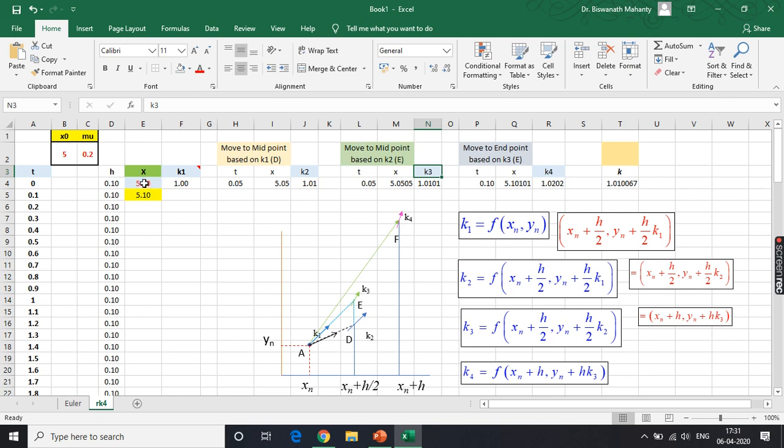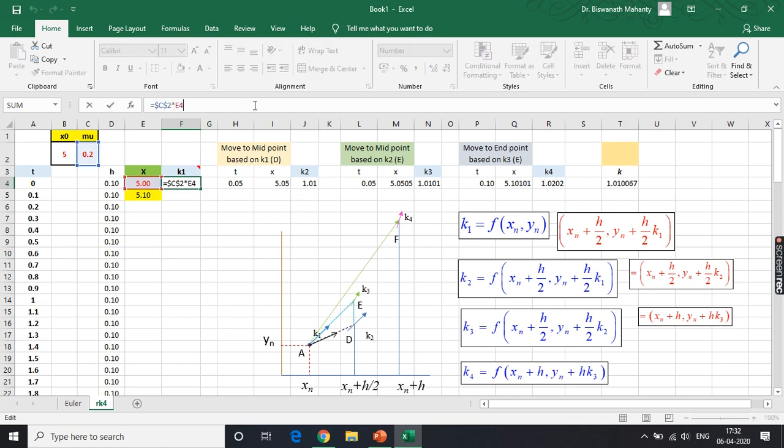So at the first point, time 0, x is, I already know, the initial x is given. What is the slope at this point? That is simply a function of xn, yn. What is xn? In my case, x is time, so time is 0, and y in my case is the biomass concentration we are going to calculate. We can do it very easily, and slope is mu into biomass.